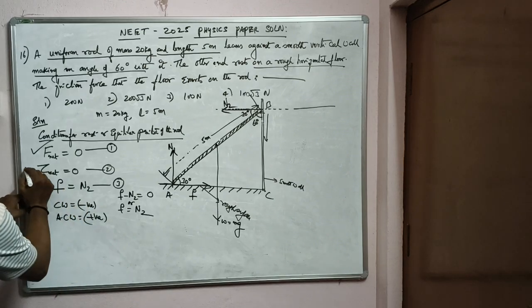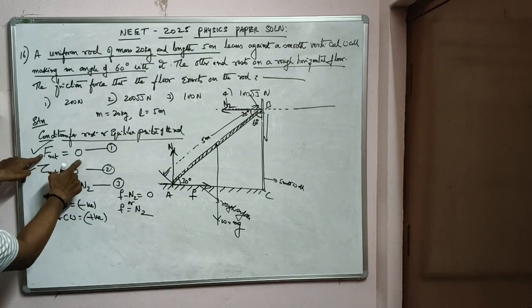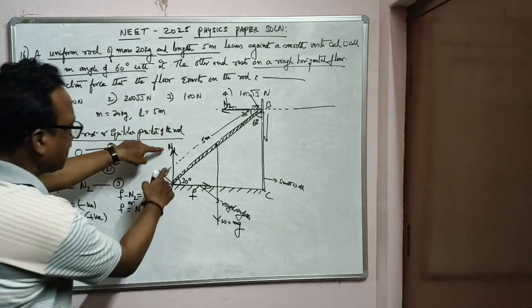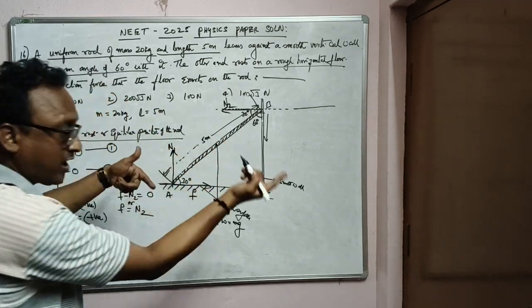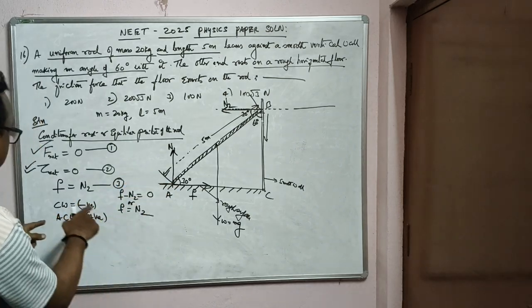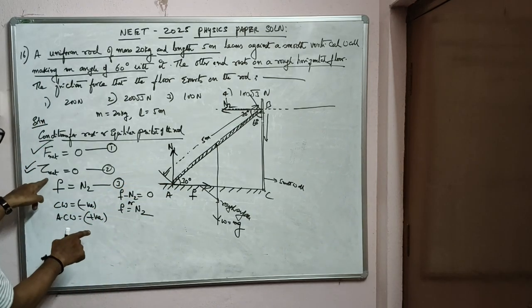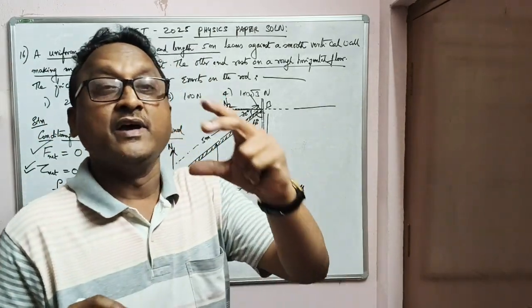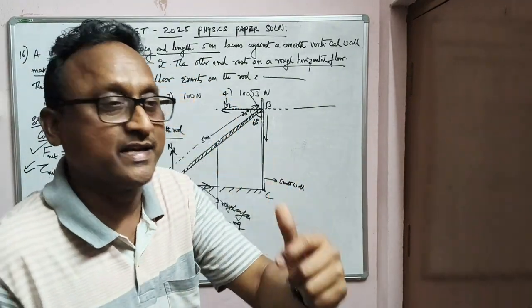Now I will apply the second condition. The first one is over: F net is equal to 0. That means horizontal forces and vertical forces. Only these two are acting, this and this, and their torque will be acting. So F is equal to N2. Now regarding torque, to find the torque we have to specify the point about which the torque is taken.